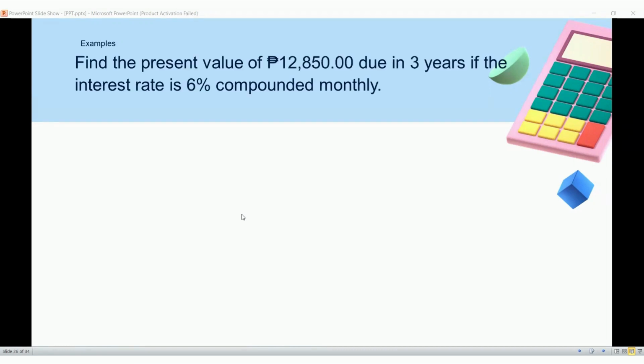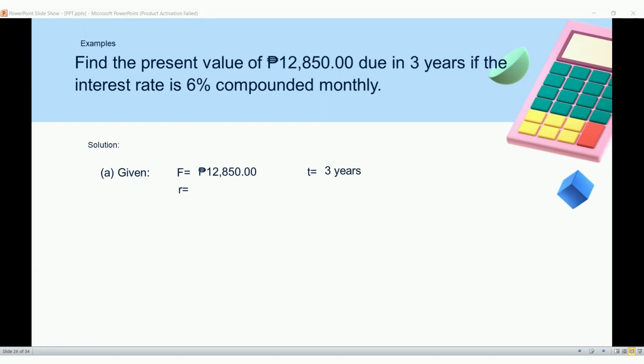So we have an example here. Find the present value of 12,850 pesos due in 3 years if the interest rate is 6% compounded monthly. So, hinahanap yung present value dito. Hanapin natin yung given muna. F natin is 12,850 pesos. T is due in 3 years.